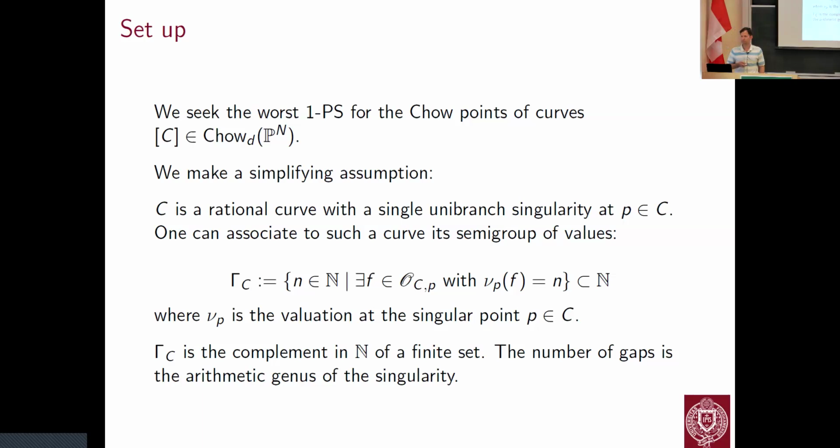Capital X is the Chow variety, and little x is a curve. X is Chow_D, and C is now a point there.